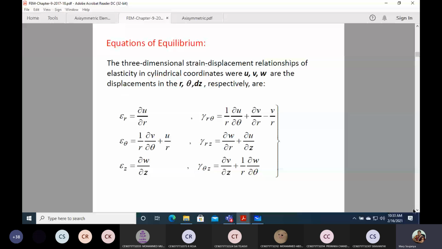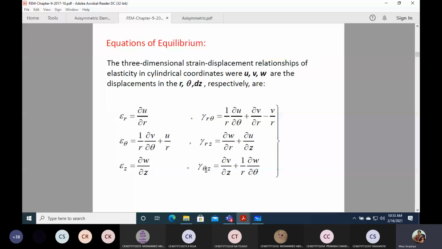strain displacement relationship. Generally we will have epsilon x, y and z, but here the terms are in polar coordinates. So epsilon r, epsilon theta, epsilon z. These are the direct strains, and then we have shear strains: gamma r theta, gamma r z, gamma theta z.